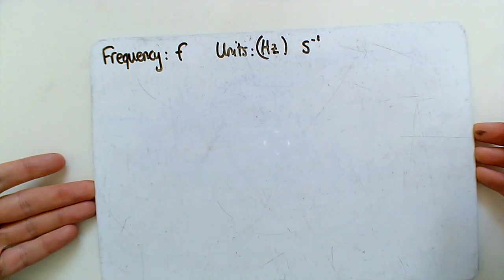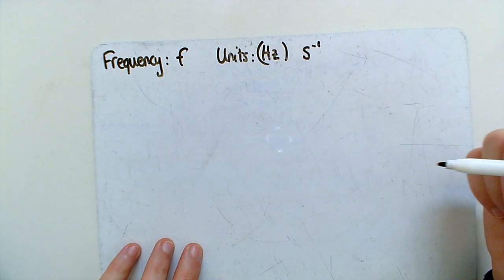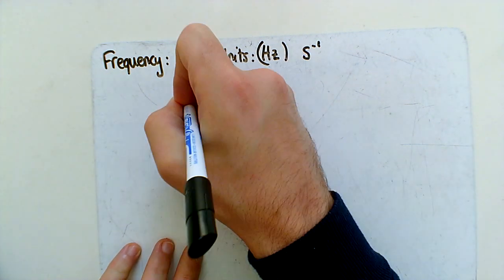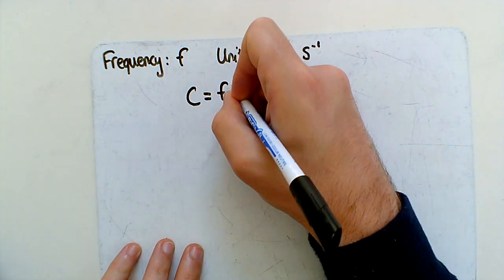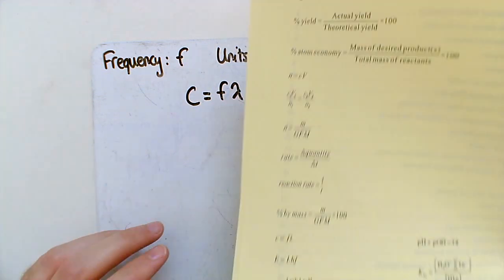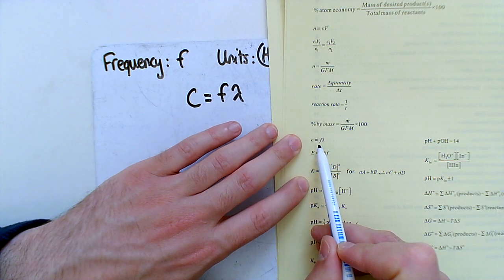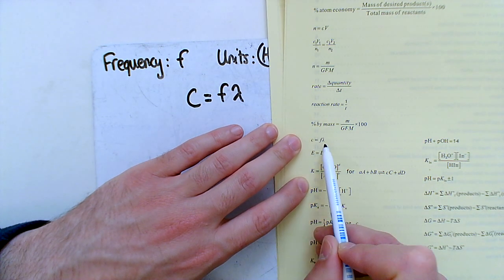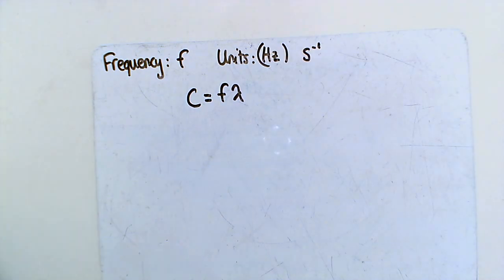And the relationship between the speed and the wavelength is c equals f lambda. Now that equation is on page 4 of the data booklet. So we've got the data booklet here, page 4, right here, the small one, it's the first equation from advanced higher, c equals f lambda.